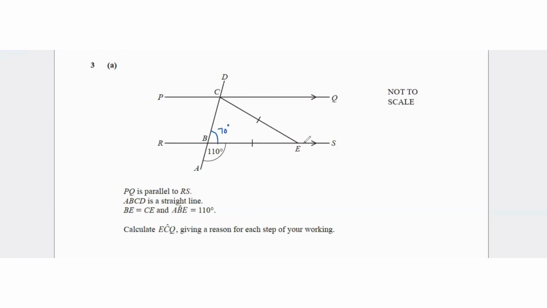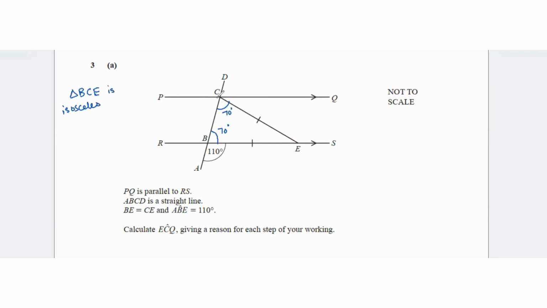And since we have two equal lines, this triangle BCE is isosceles. So that means this would also be 70 degrees.